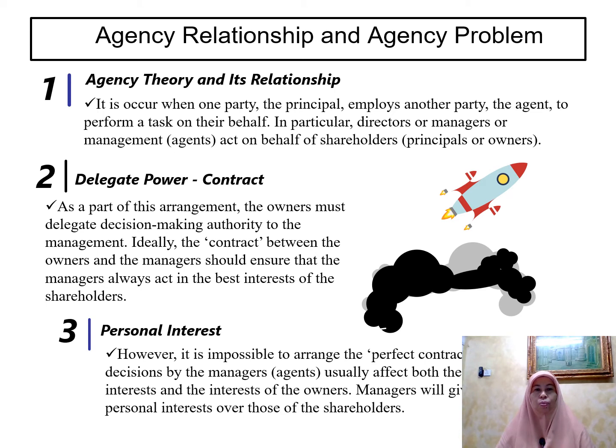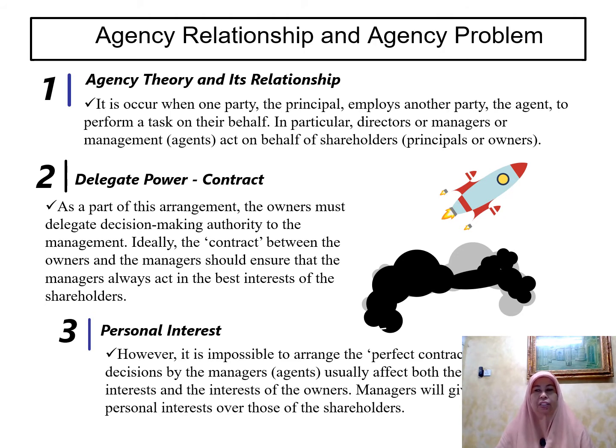Okay, the second point in the agency relationship: since the shareholders have already appointed directors and managers, we identify these people as the board of directors. Together with the appointment, normally the shareholders will also delegate authority or power, which is laid down in the contract of appointment of directors and managers.